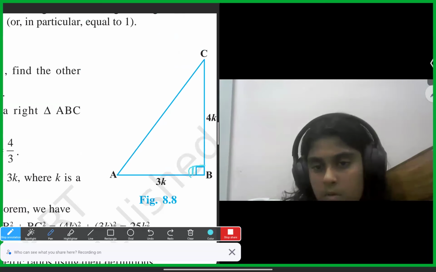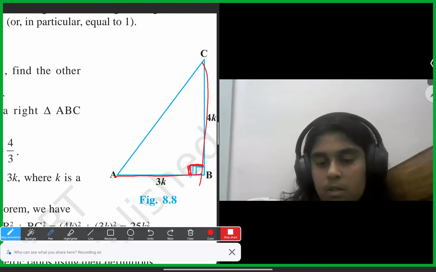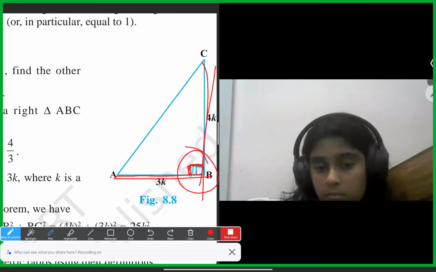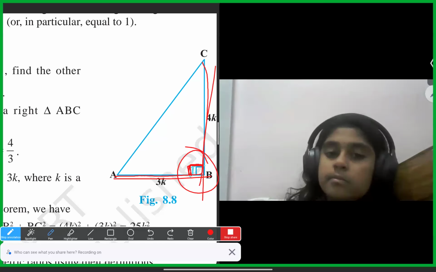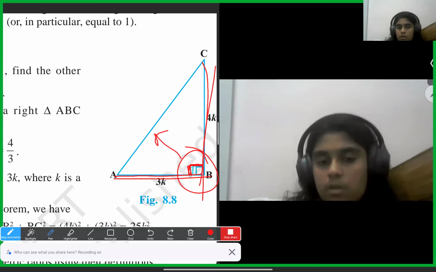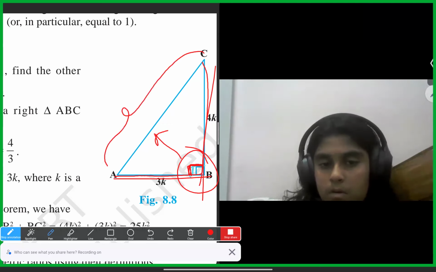The angle is formed by this horizontal side and this vertical side, the intersection of the two sides. So the vertex where this 90° is formed, leaving the sides of that vertex, that is BA and BC, whatever side is left is called the opposite side of that vertex B. So AC is called the opposite side of vertex B.